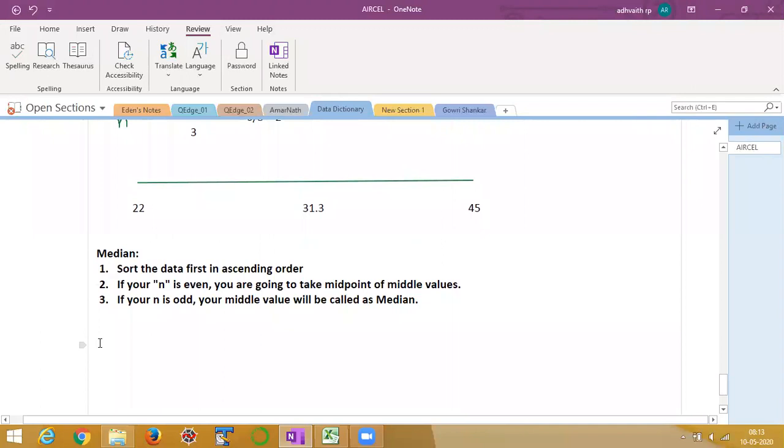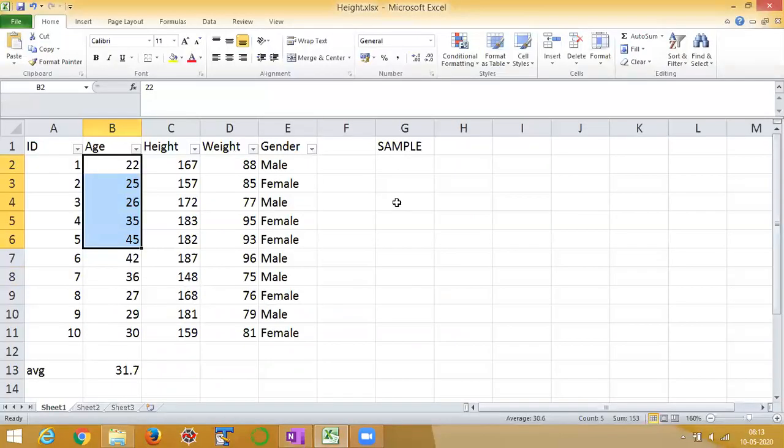And the first one is what? Mode. Before going to the mode, understand that we are talking about mean and median on numerical data, continuous data. But can we calculate mean for gender?